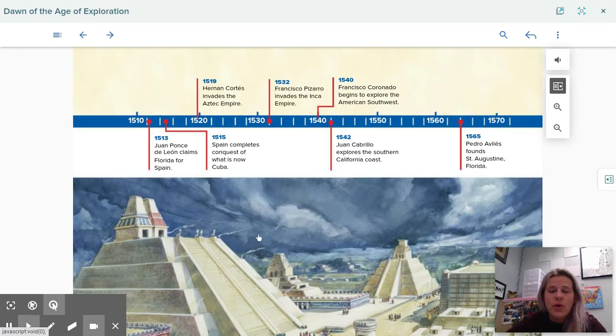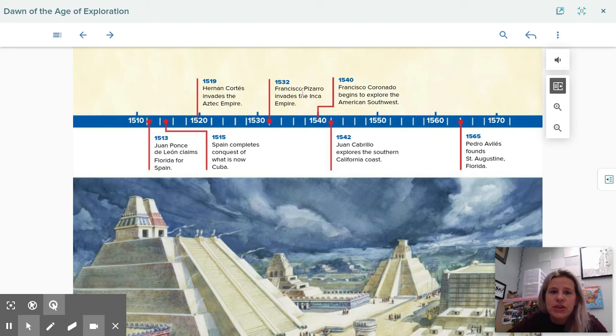So before we move on, let's go ahead and look at the timeline for this lesson. We have in 1513, Juan Ponce de Leon claims Florida for Spain. In 1515, Spain completes the conquest of what is now Cuba. In 1519, Hernan Cortez invades the Aztec Empire.